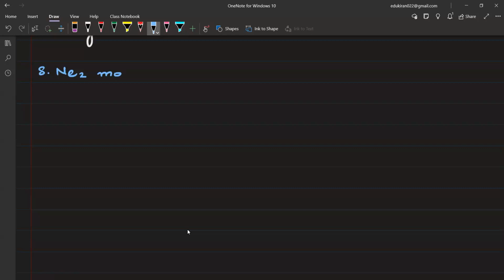Ne2 molecule. So total number of electrons? 20.